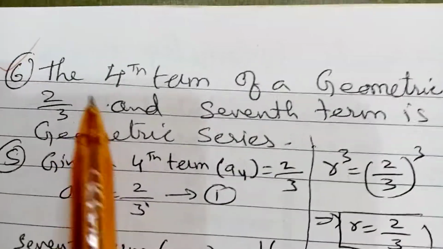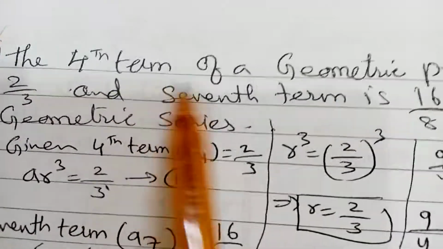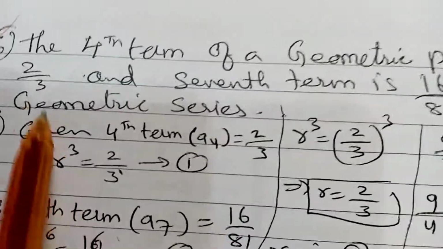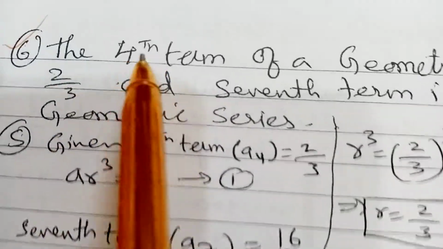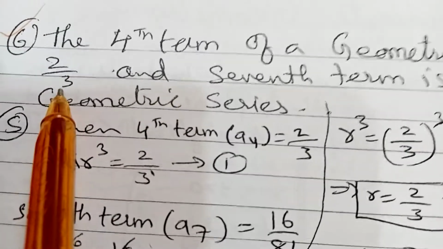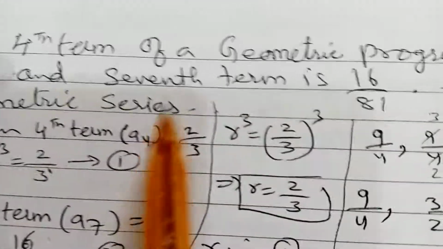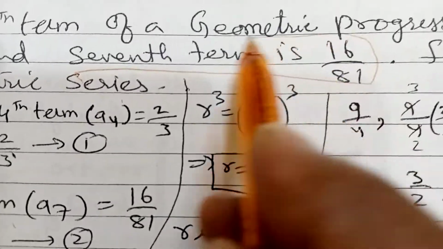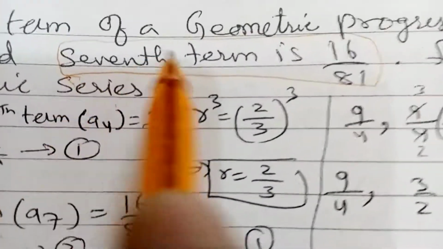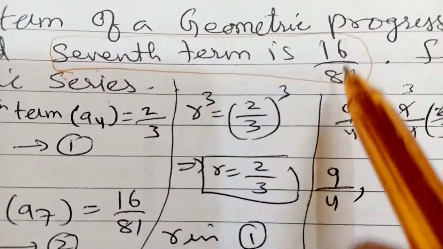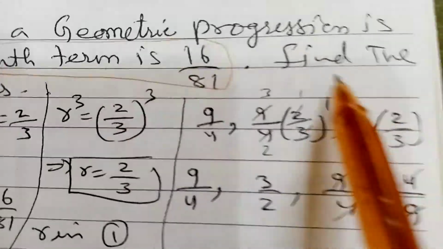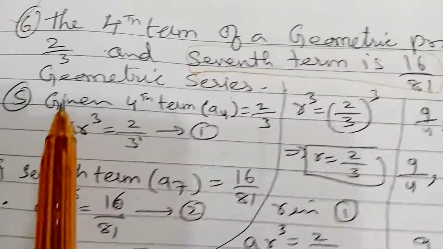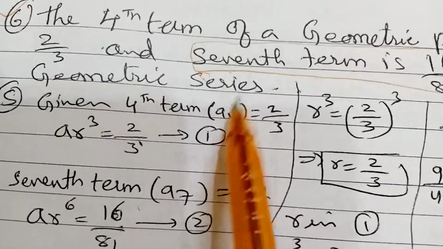Next question. The fourth term of a geometric progression is 2 by 3, means T4 is equal to 2 by 3, and the seventh term is 16 by 81, T7 is equal to 16 by 81. Find the geometric series.